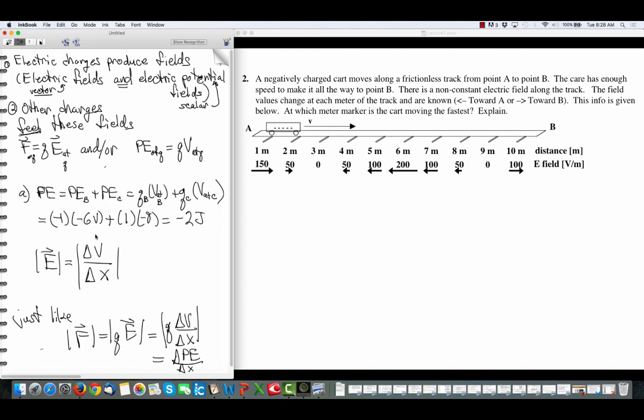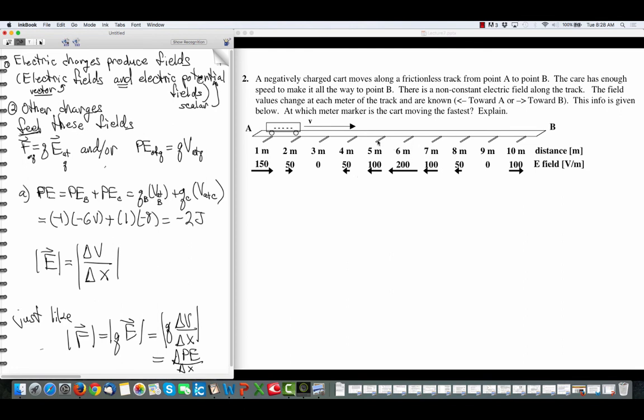And so I just wanted to say, what do you see right here? 50, 100, 200. You see an electric field that's changing really fast. In a small distance, it goes up by 100. What did it do over here? Well, it went down by 100 in the small distance. No, sorry.